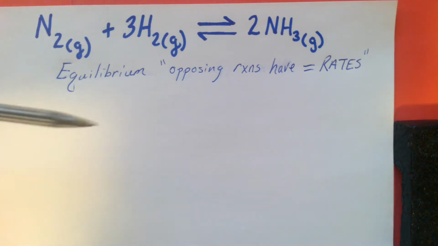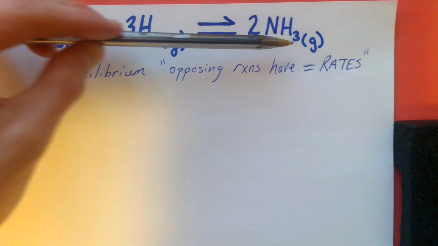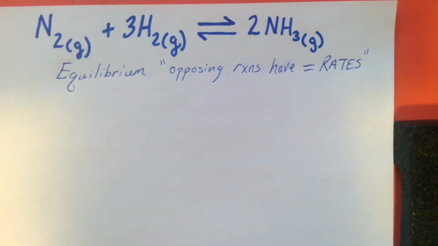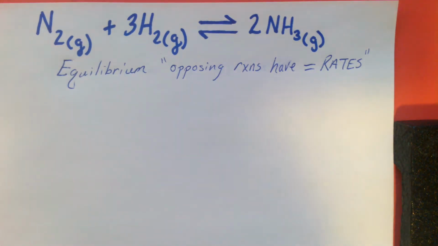But when the opposing reactions, the forward process and the reverse process, are happening simultaneously at equal rates of reaction. That's when chemical equilibrium is established.